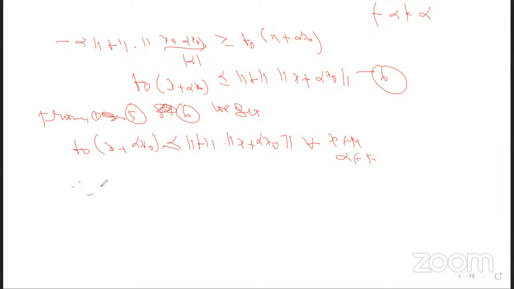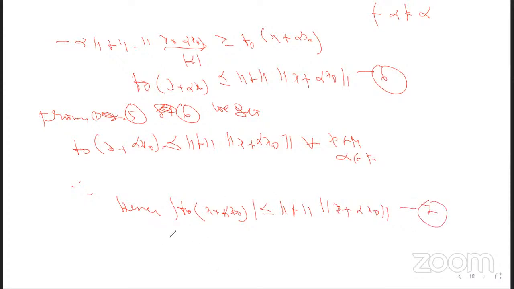Hence, norm of f naught x plus alpha x naught is less than or equal to norm of f, norm of x plus alpha x naught, equation number 7.